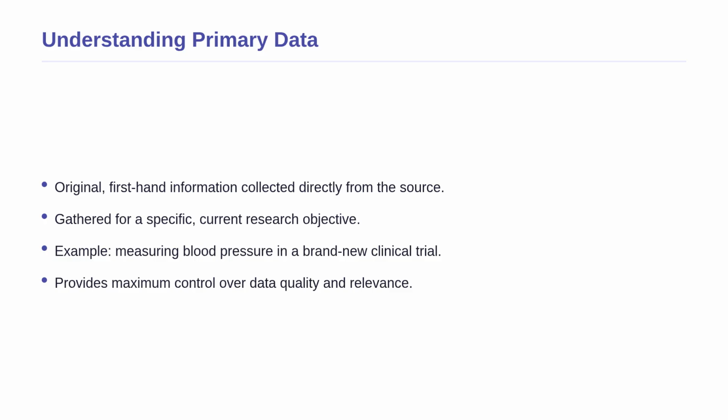Now that we have our analogy, let us define what this means scientifically. Primary data refers to the original, first-hand information that a researcher collects directly from the source for a specific current research objective. Think of a scientist conducting a brand new clinical trial and measuring the blood pressure of 50 patients.